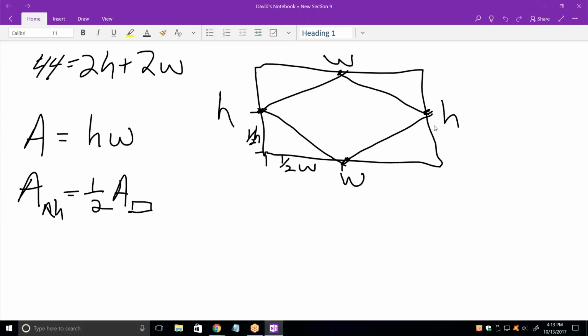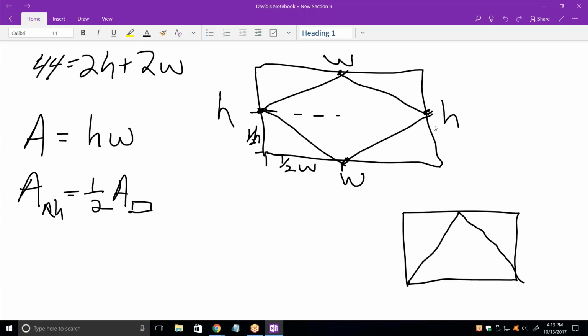For the same reason that if I put two triangles in any rectangle, the area of that triangle is 1/2 the area of the rectangle. That's why the area of the triangle is 1/2 the base times the height. If I wanted to, I could draw a dotted line there and a dotted line there. And now I have four rectangles and I've got a triangle in each one.